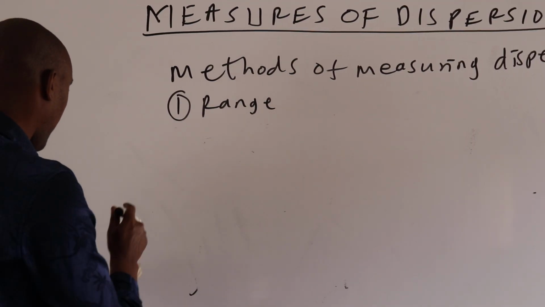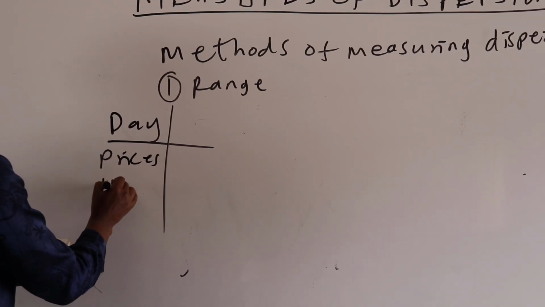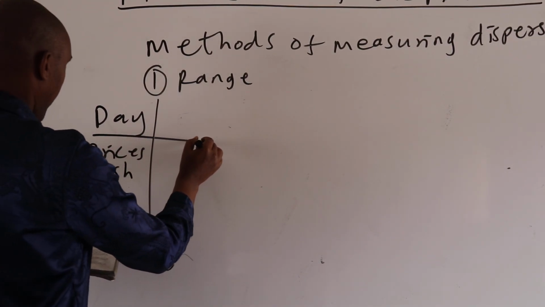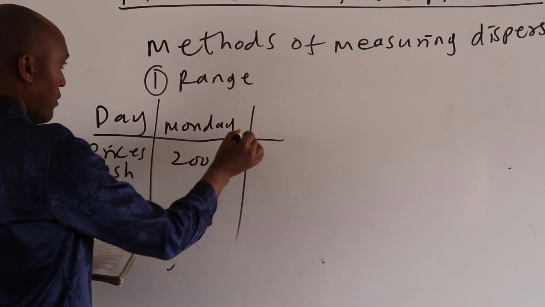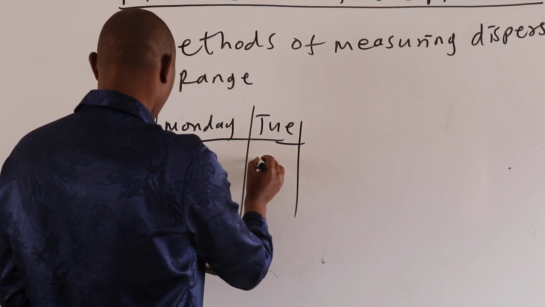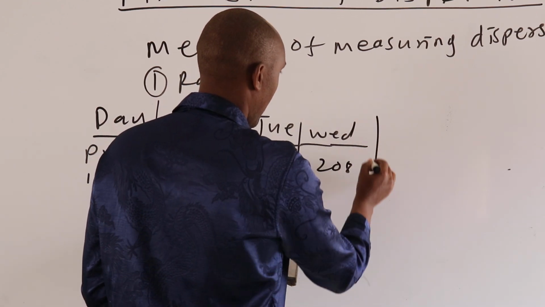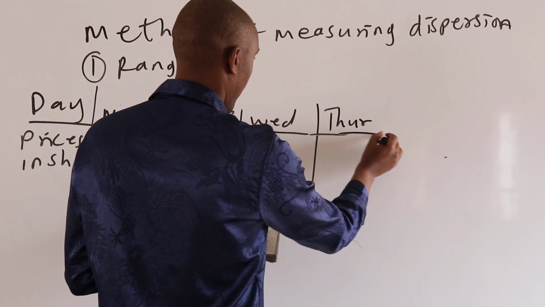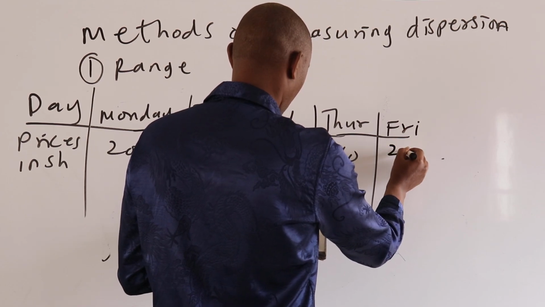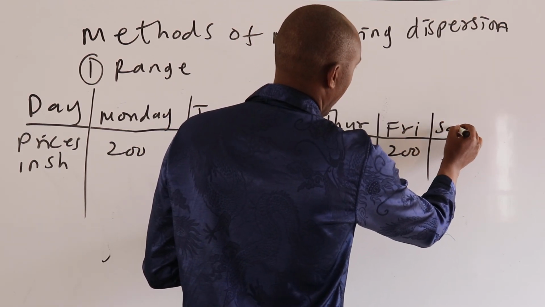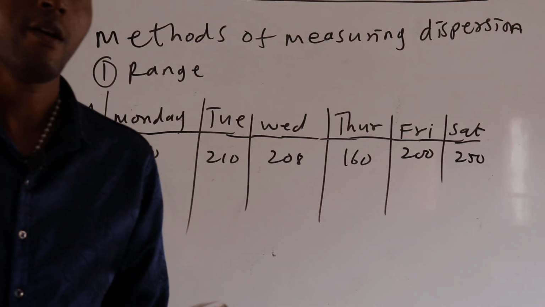Day, prices in shillings: Monday 200, Tuesday 210, Wednesday 208, Thursday 160, Friday 200, Saturday 250.